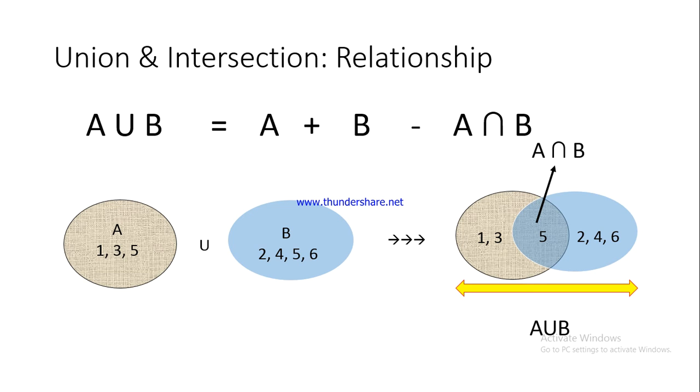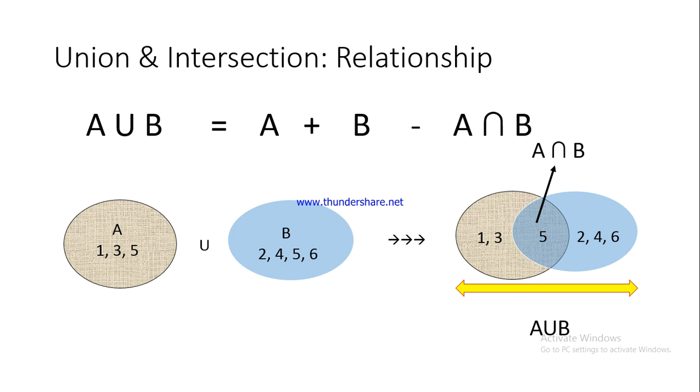I am trying to prove this formula using Venn diagrams so that you can understand the meaning of the formula and can make sense out of the Venn diagram which is given to you.